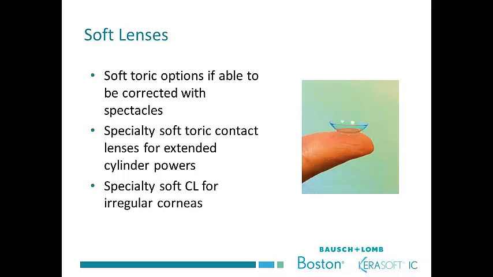But when we think about fitting the corneal GP, we're mainly employing the rigid surface of the lens and filling the back surface of the lens with a tear film or a lacrimal lens that basically masks and neutralizes the irregularity or the irregular astigmatism that the patient has. It effectively becomes one optical system.